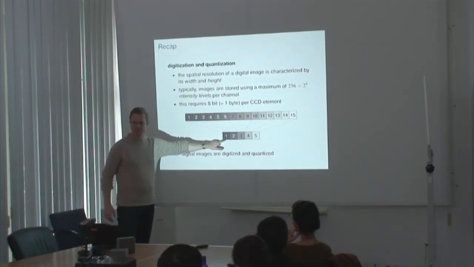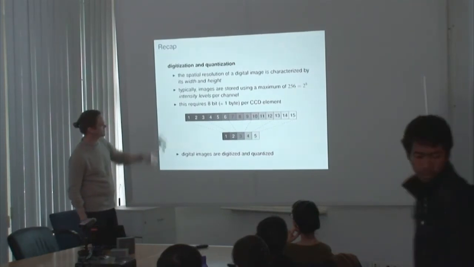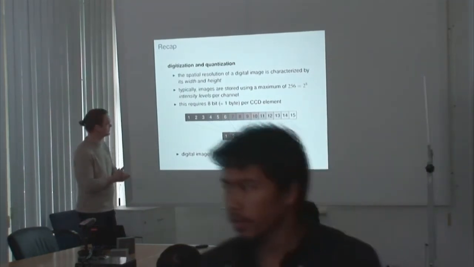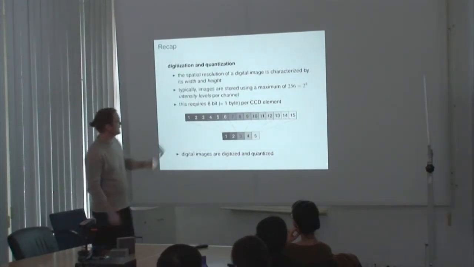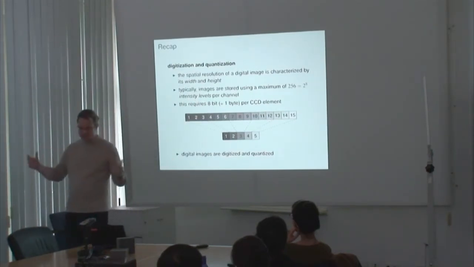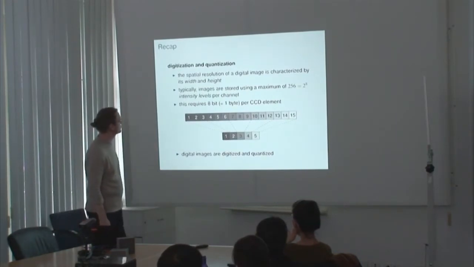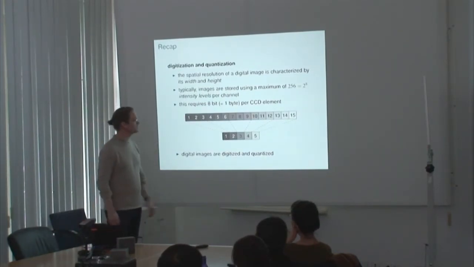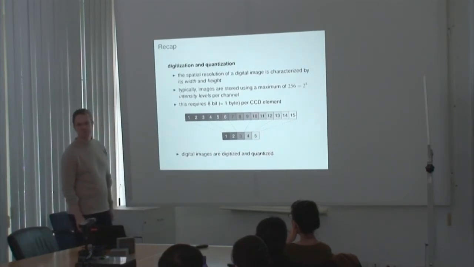And this is indeed what is done in digital cameras. What digital cameras typically, and I have to be careful here because technology advances, but up to now, typically what they record is 1 byte of, let's say, intensity information per CCD element. And of course, 1 byte consists of 8 bits, and with 8 bits we can represent 256 different intensity levels.